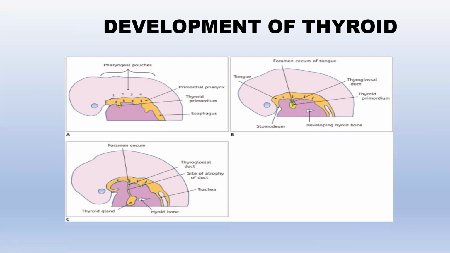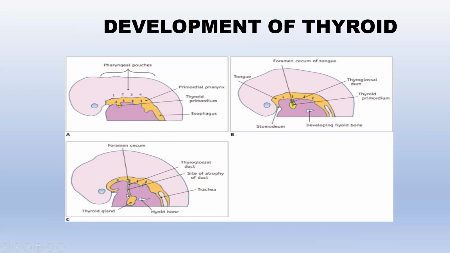What happens is this thyroid diverticulum will enlarge to form the thyroglossal duct. The initial or proximal part of this duct is represented as the foramen cecum of the tongue, and the caudal part or lower end will enlarge to form the thyroid gland. As soon as the gland forms, this duct will atrophy, which means it disappears. So finally the gland develops.